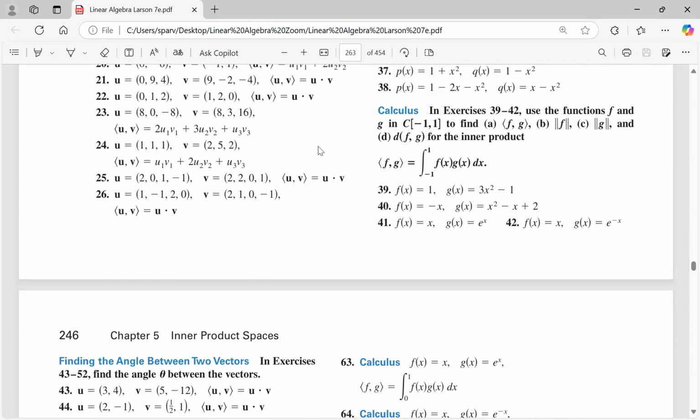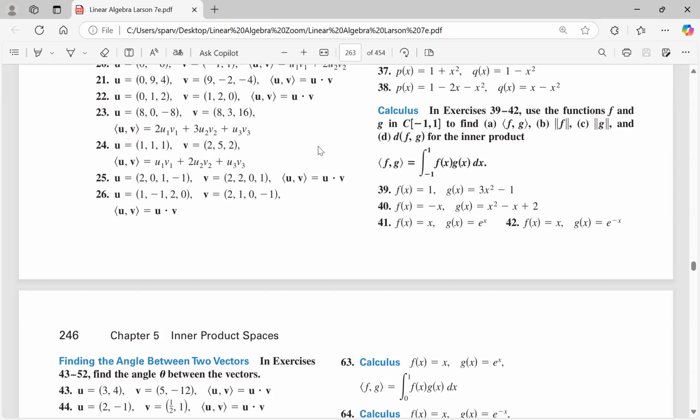Okay, so let's take a look at one of these. I'm going to get my paper ready here, and then I'll switch to my notepad. So first I'm going to write the problem down. In exercise number 40, section 5.2, it says use the functions f and g in C[-1, 1].